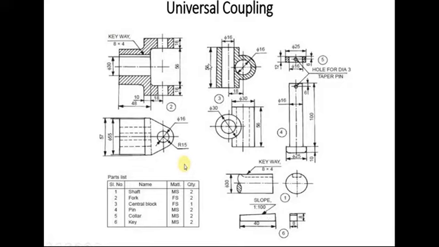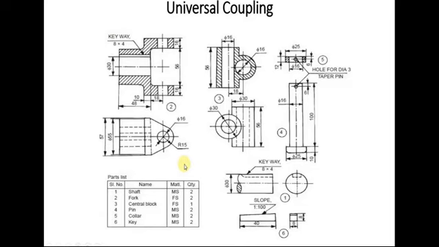So these are the six components we require in a single set, and here we have placed a quantity of 2 for every component, because we want to join two shafts together. For one shaft we require one set of the assembly, and for the other shaft we require another set.